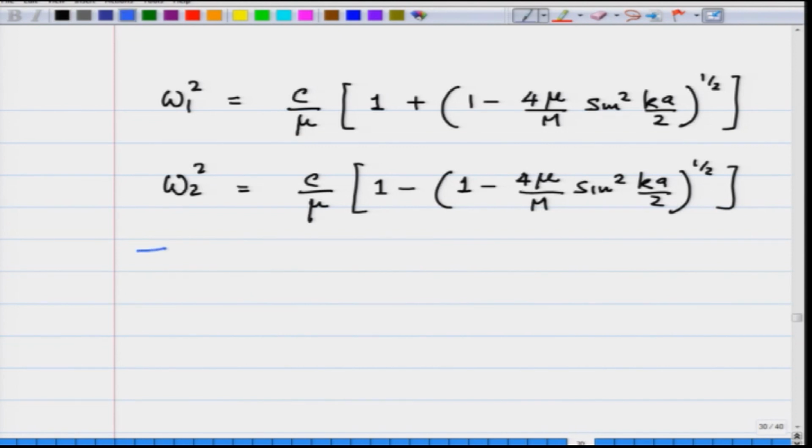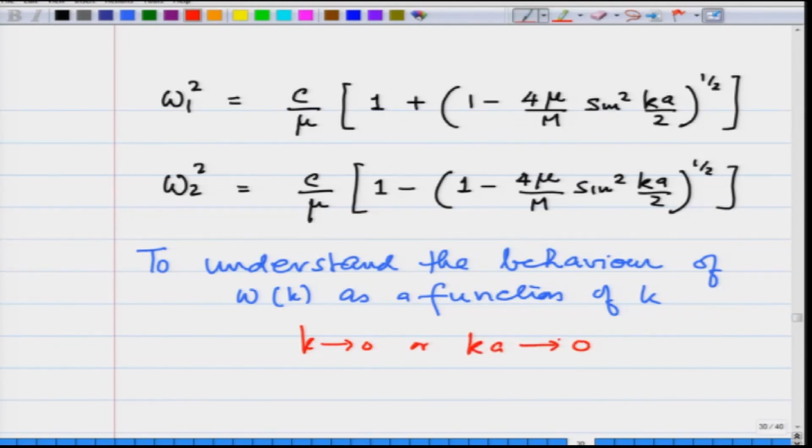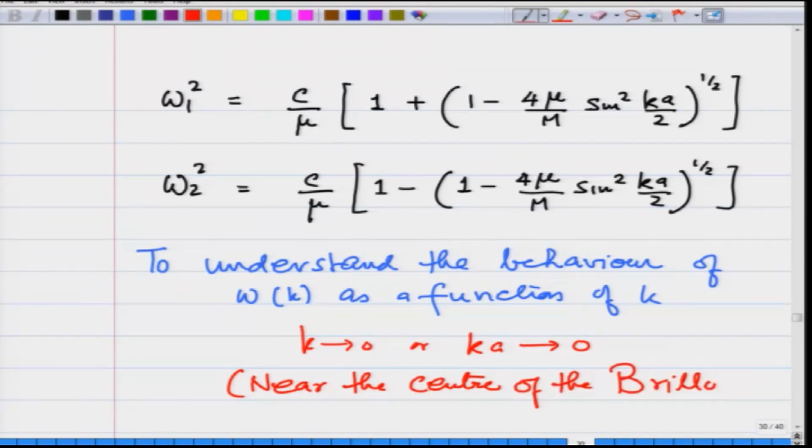So, to understand the behavior of omega as a function of k, let me study them in the limit of k a going to 0, that is very small, near the center of the Brillouin zone.